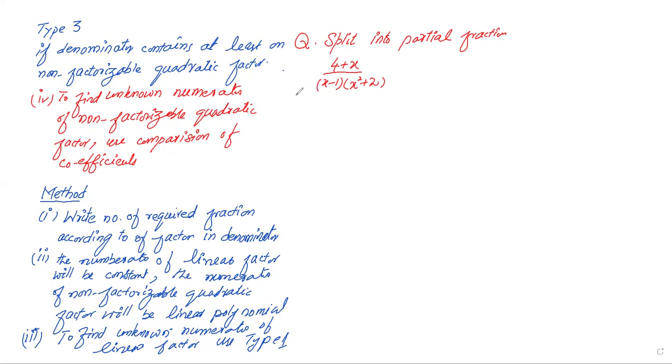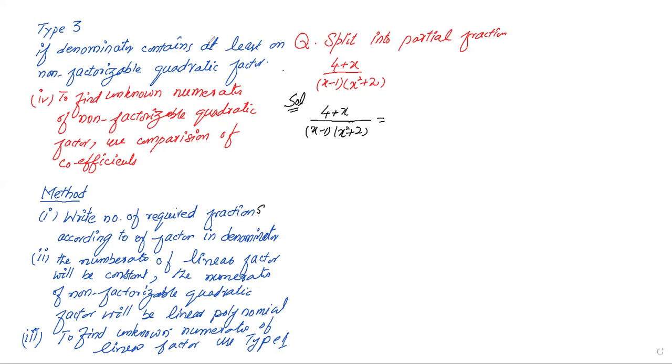So the solution will be just like this one: (4 + x) divided by (x − 1)(x² + 2) is equal to. So in the denominator, there are two brackets or two factors. The first step is to write the number of required fractions according to the number of factors in the denominator.